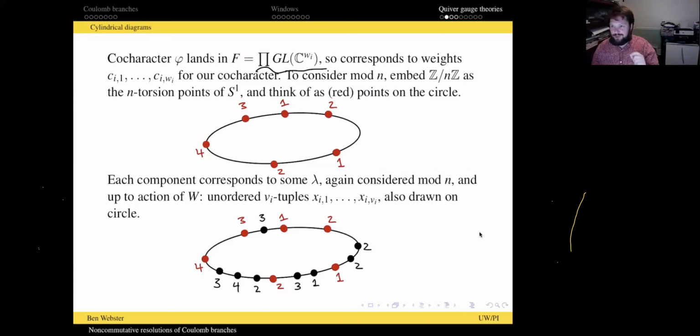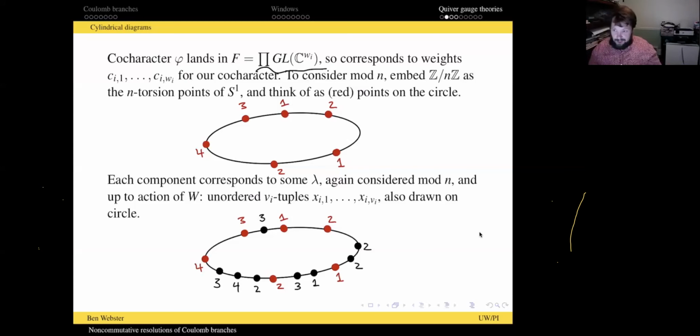I think it may be true that simple modules over the algebra correspond to fixed points. I think it might be possible to make that work, but it has to match up exactly with the size of the K-theory. But there's a lot of redundancy here. There are many more of these than there are simple modules.